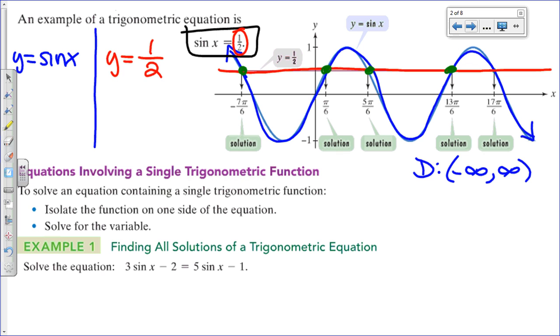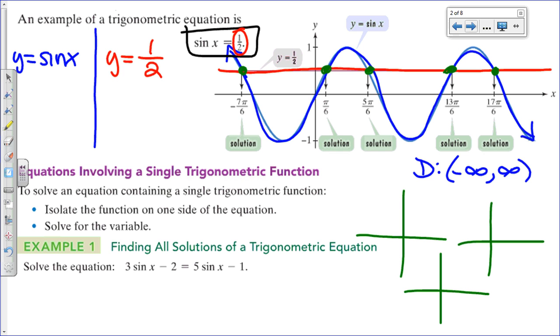If you recall from algebra, we went over systems of equations of one variable, right? And we had three cases. We had lines that intersected at one point, so we said those have one solution. Do you guys remember that?